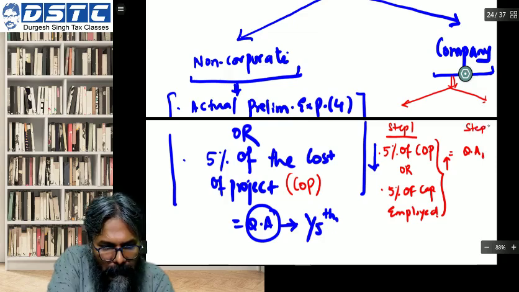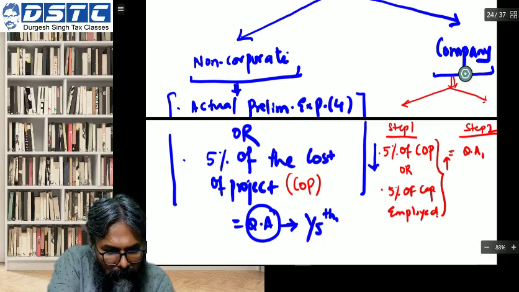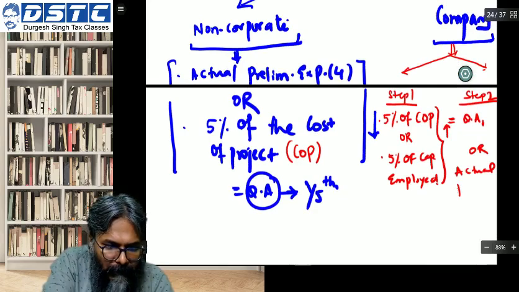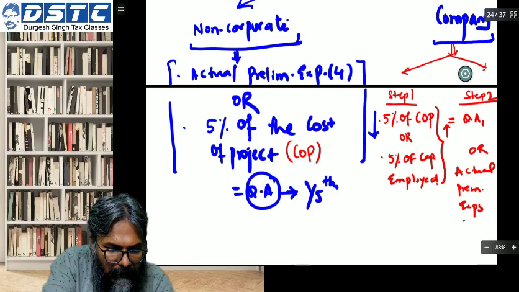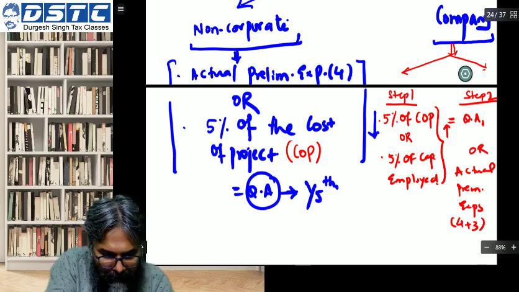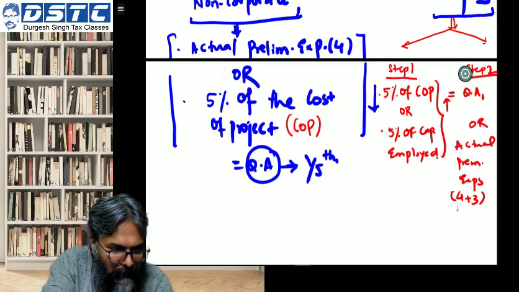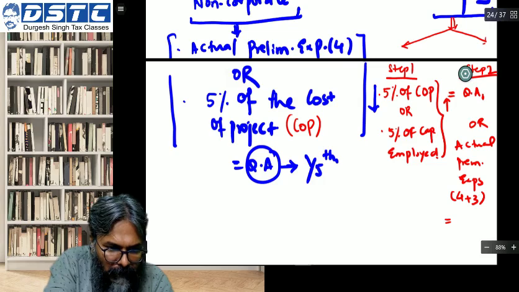This qualifying amount 1 will be compared with the actual preliminary expenses, and in that I'll write 4 plus 3.